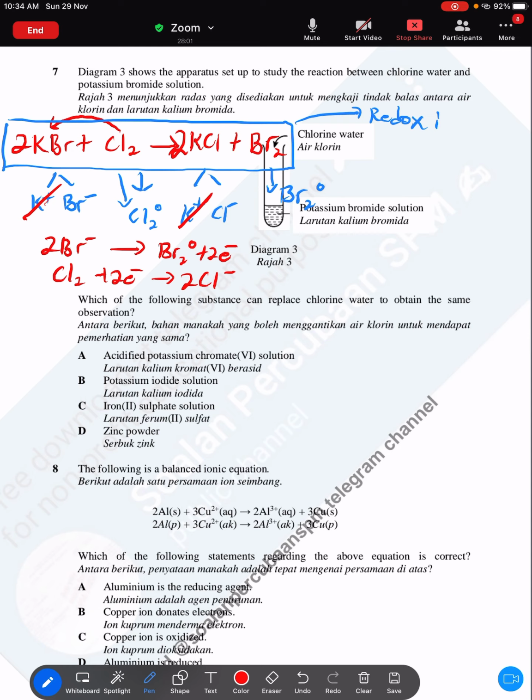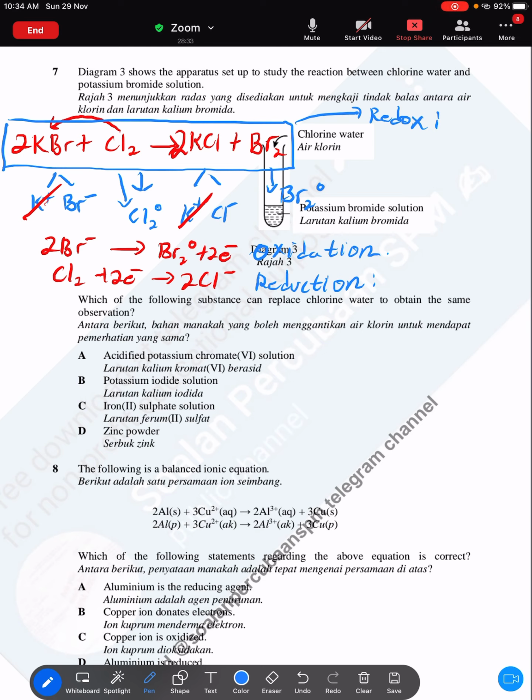The bromine. Jangan buat bunyi juon. Very good. It will undergo oxidation, and this one will be reduction. Reduction. Okay. Good.